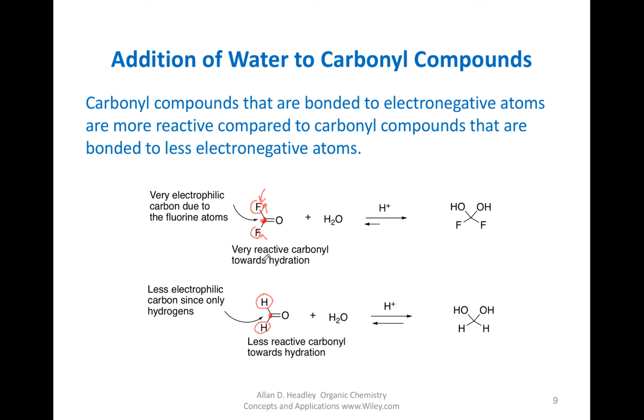So we would expect that this molecule here is a lot more reactive, very reactive towards hydration compared to this molecule which does not contain electronegative atoms bonded to that carbon. So again, you should be able to predict the reactivities of carbonyl compounds based on their structure and also based on knowledge of the mechanisms.